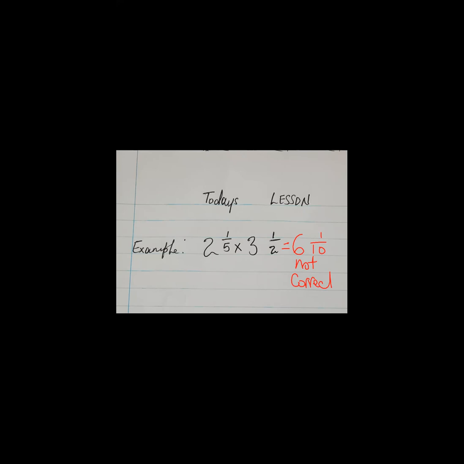So again, for multiplication of mixed numbers, we first have to convert the mixed numbers to improper fractions. So this as an improper fraction would give me what? 11 over 5. And 11 over 5 is correct. Multiplied by 7 over 2. 7 over 2, and that's correct as well.